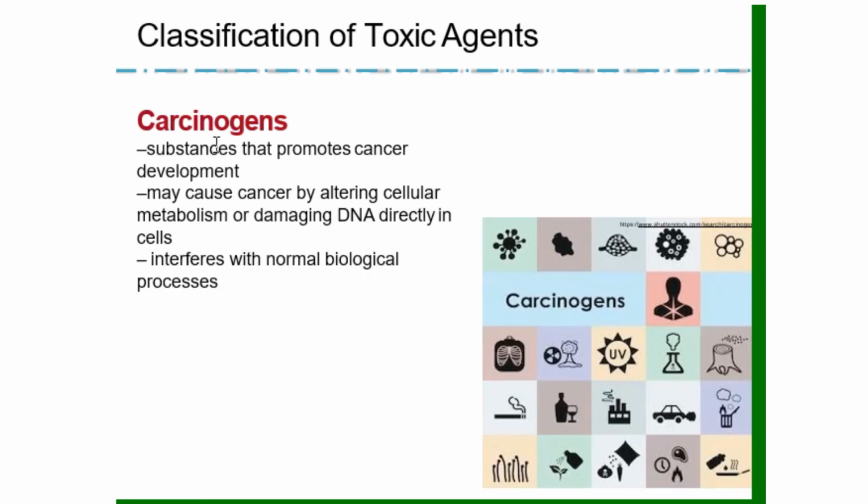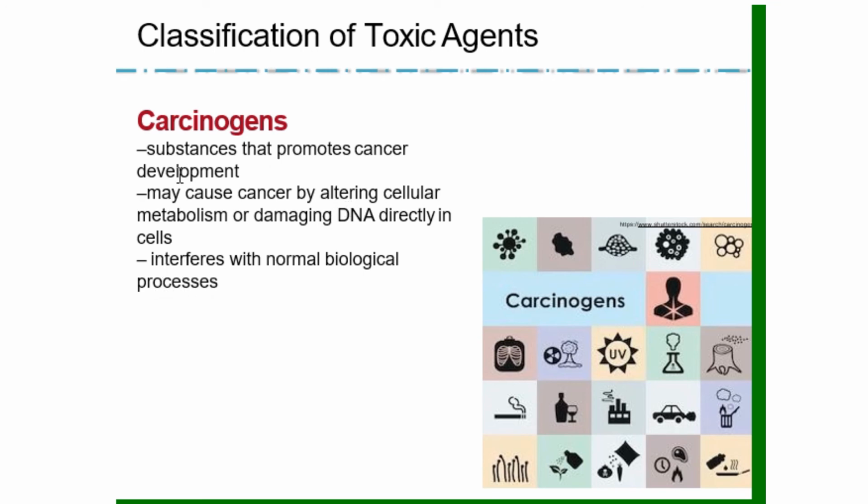And then we have, this is actually the last classification of toxic agents, carcinogens. So carcinogens, by definition, are the substances that promote cancer development. So carcinogen, cancerous, cancer, parang silingan lang po sila, do not forget that. It may cause cancer by altering cellular metabolism or damaging the DNA directly in the cells.